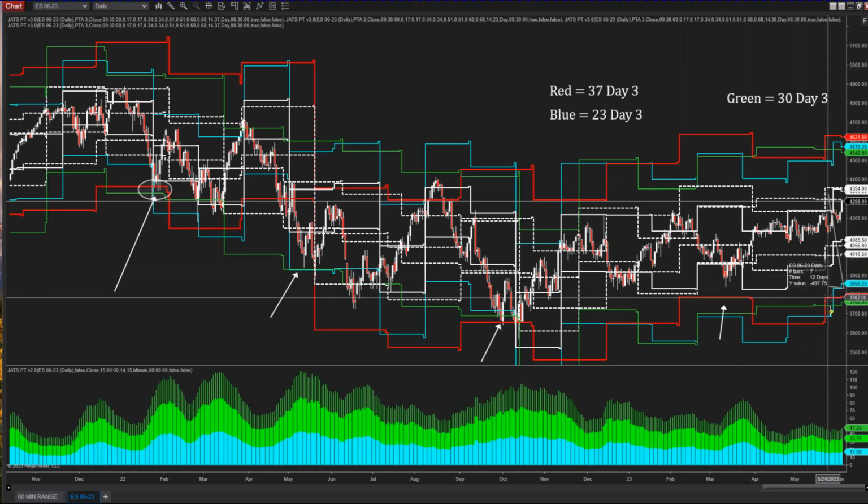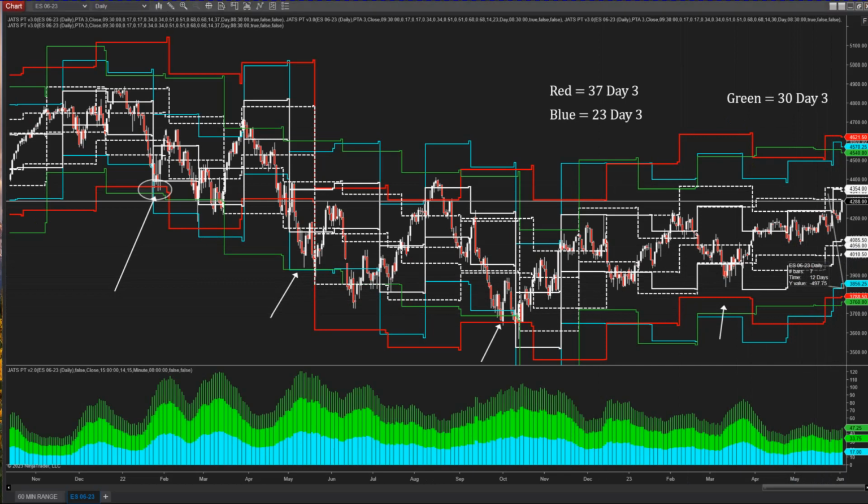I don't think it'll break, it'll stop at 3760. I would be shocked if it got below 3760 by VIX expiration Friday. Anything can happen, but 3760 is your PT3 for that 30 day. And what about the top side?